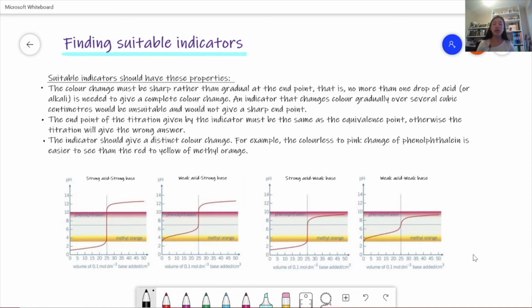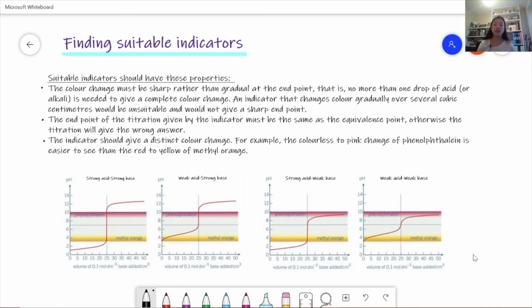However, phenolphthalein would probably be more suitable because you can see the color change more. For the second curve, the weak acid and the strong base, you can see that only phenolphthalein is suitable because methyl orange changes color before that equivalence point. So that won't give us an accurate indication as to when it has been neutralized.